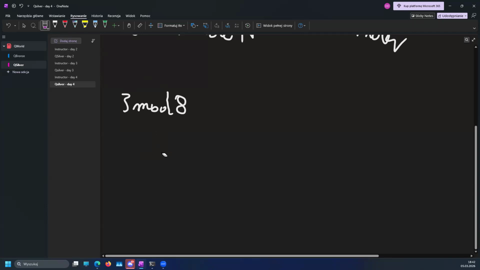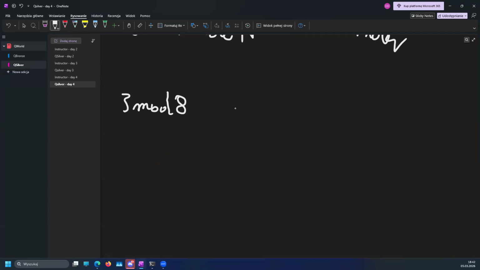So for example, such a number will be 11. If you divide 11 by 8, you will get a remainder of 3. And so on, yes, and if you also divide, let's say, 19 by 8, you will also get a remainder of 3.